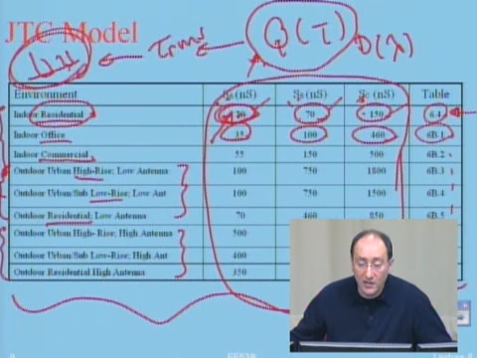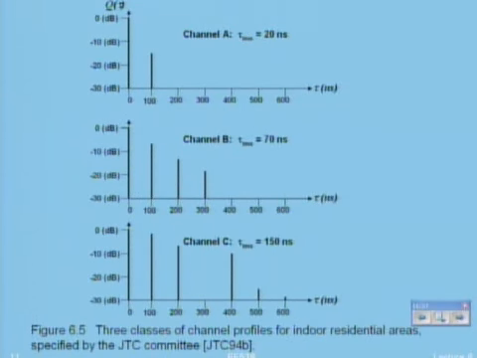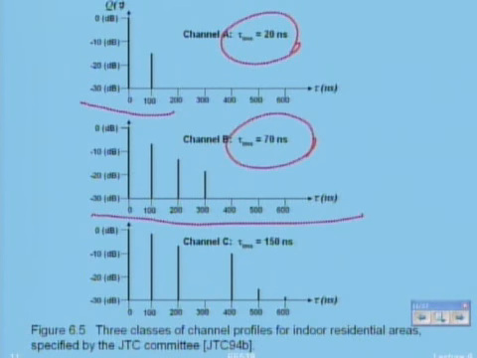If you look at those and sketch them out of Table 6.4, you get something like this. These are the sketches. Okay? This is the good one with tau RMS of 20. This is the medium one with tau RMS of 70. And this is the bad guy with tau RMS of 150.